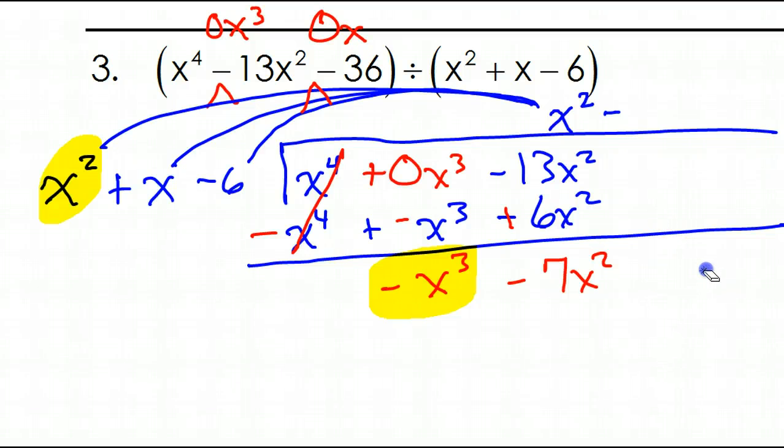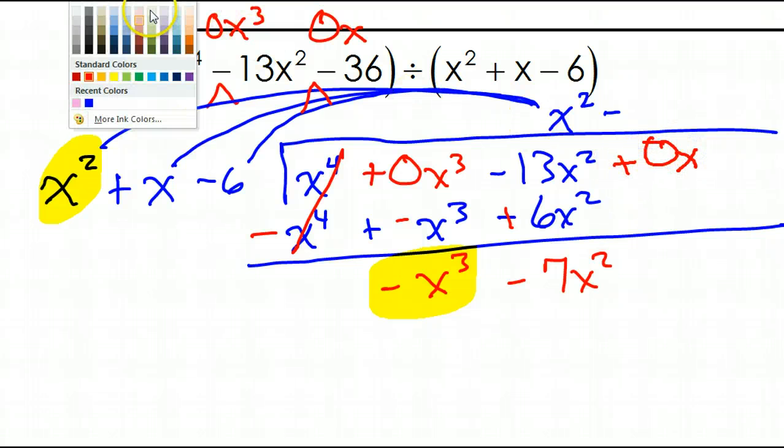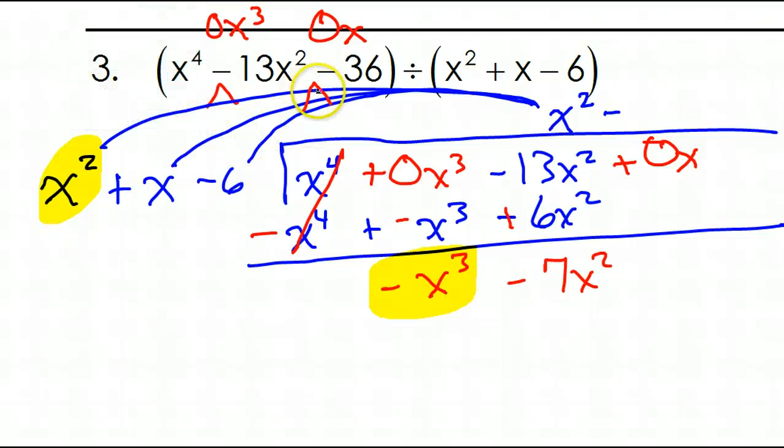Didn't really matter, but I should have a plus 0x term, and then the minus 36. Okay, that's better.